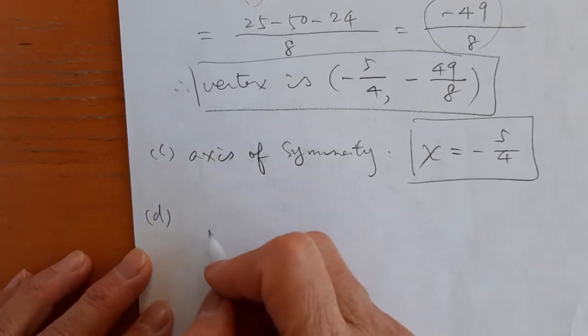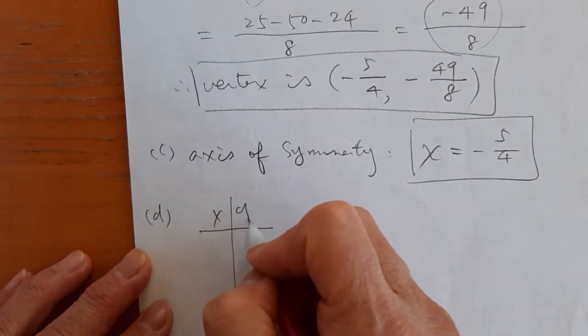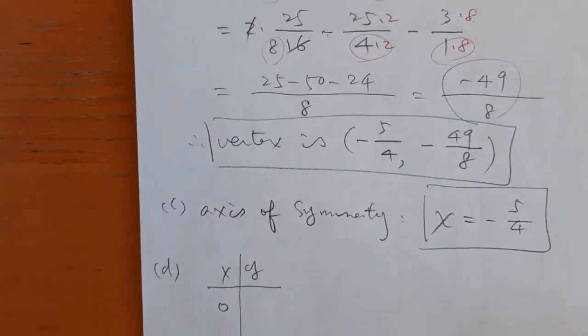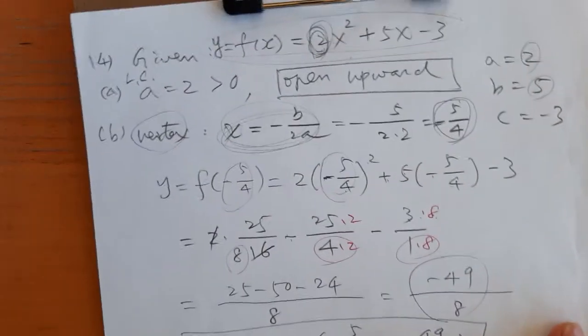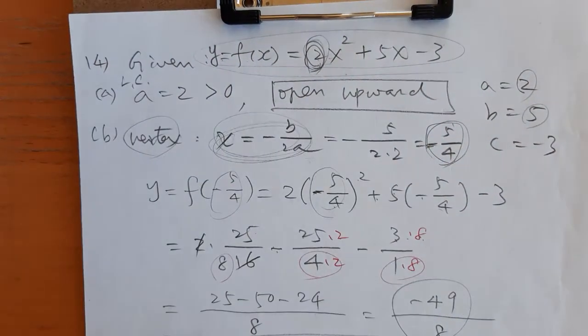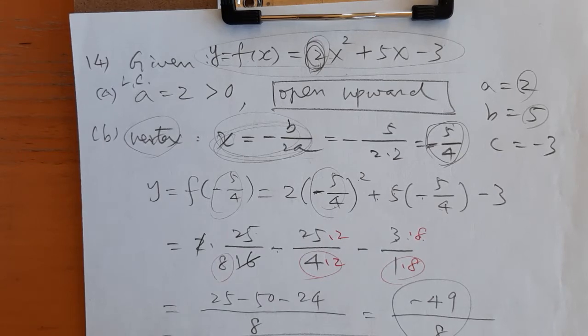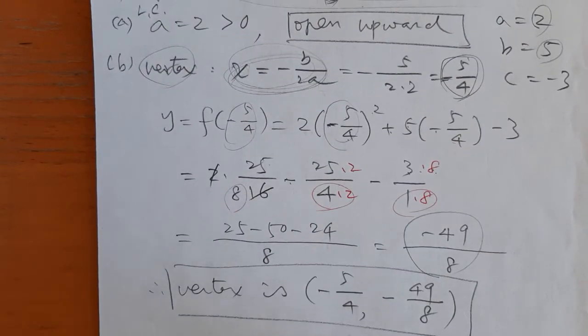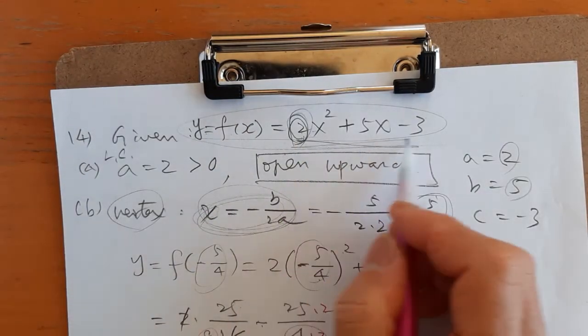And D, find the x-intercept and the y-intercept. You let x equal 0 and plug it in. The function is 2x squared plus 5x minus 3.